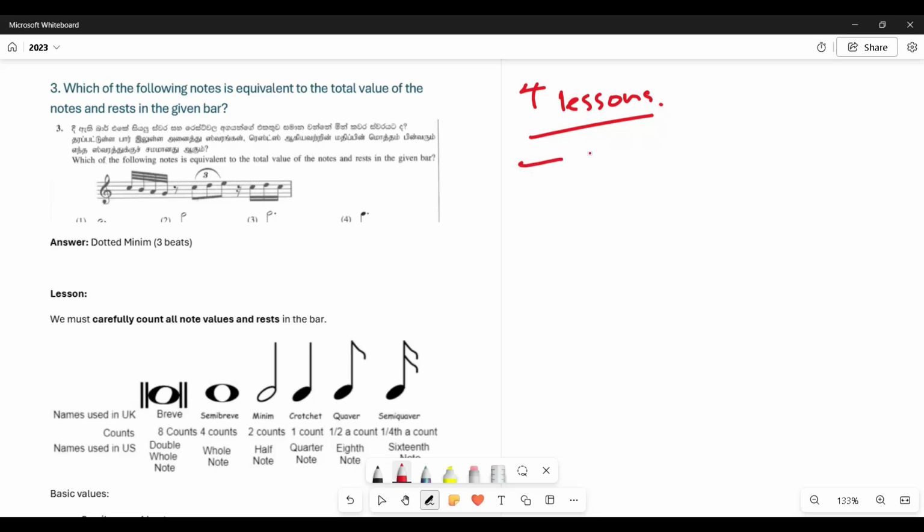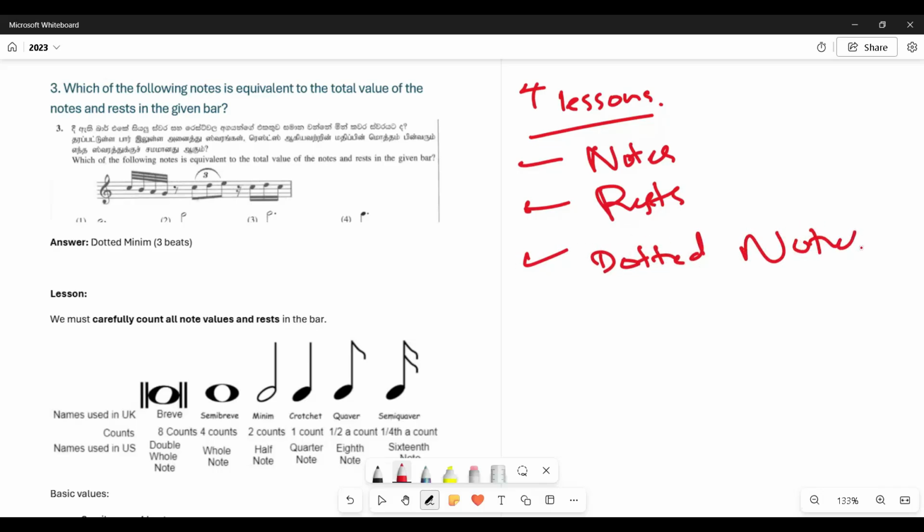The first one is the notes according to time, and the second one would be rests, third one would be dotted notes, and the fourth one would be triplets or tuplets.